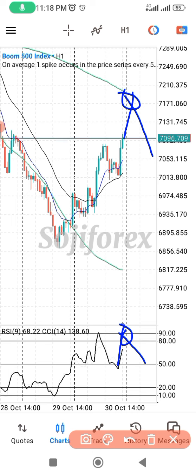Remember, in that scenario, H4 has not gotten there, but when H4 gets to the level of our middle Bollinger Band, it means on this H1 we are going to have our exhaustion point at our upper Bollinger Band. So this is how simple and how explicit this thing can be.